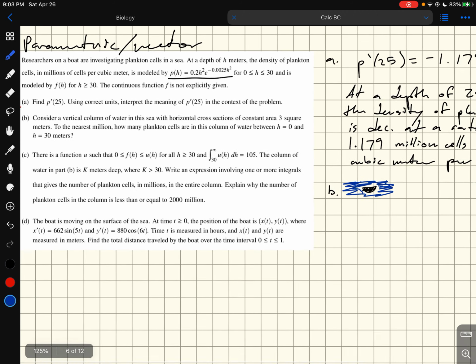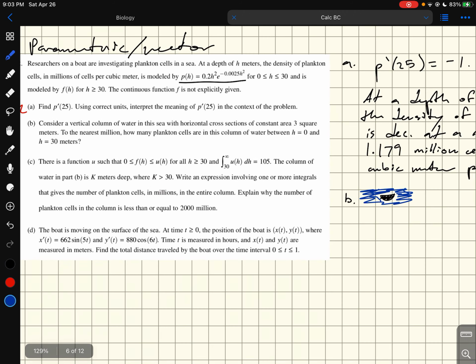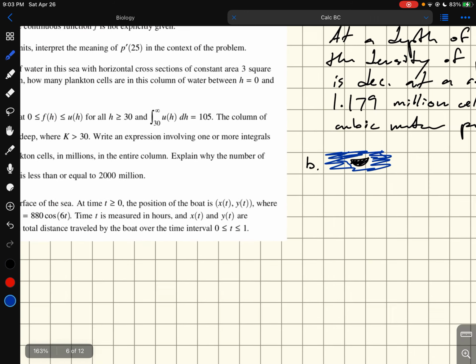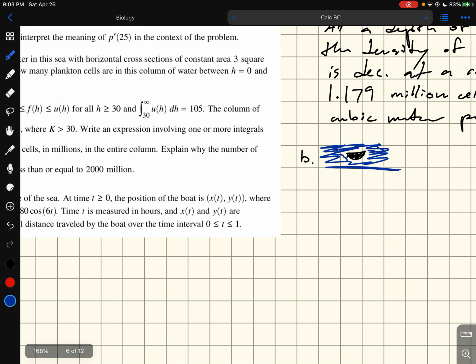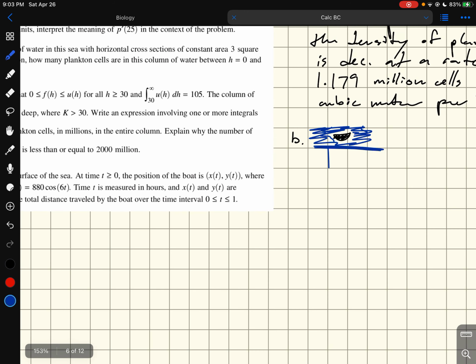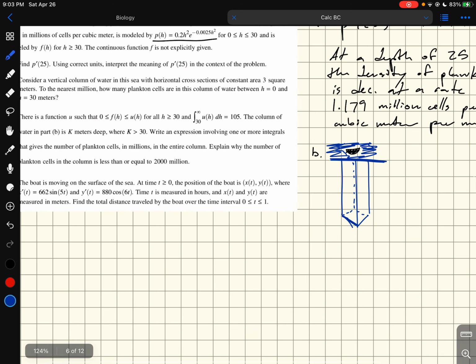Then we have a cross-section with a constant area of 3 square meters. So that's the area that we're investigating.